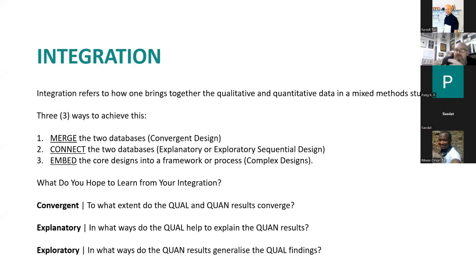It refers to how we bring together qualitative and quantitative data in a mixed method study. And Creswell proposes there are actually three core ways to do it. We can merge the databases together, which becomes a convergent design. So we find a way of totally overlapping them so that they all tell us something. Maybe our quantitative gives us a number of fixed answers, and our qualitative research pads that out with narratives, exact same questions, but we get richer data from it.